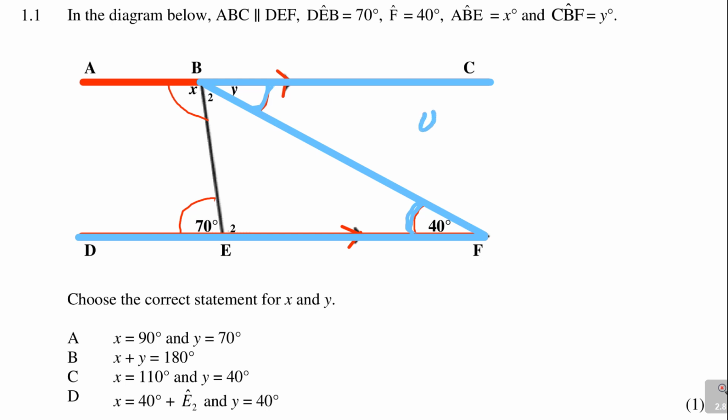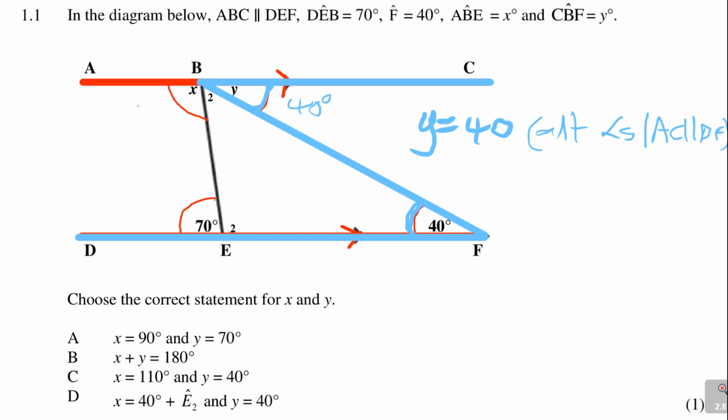So we are saying already here Y is equal to 40 degrees. And what is the reason? These are alternate angles. Why are they alternate angles? Because they told us ABC is parallel to DF. That is just a quick reason that we can put there. So Y is equal to 40 degrees.